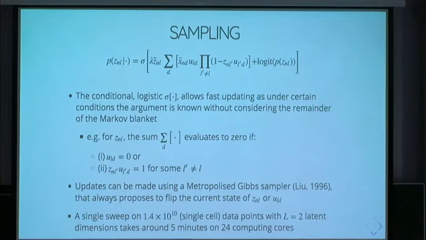So how can we do updates? The updates can be made using a Metropolised Gibbs sampler, which just means we start the sampler off from a particular binary realization of Z and binary realization of U, and we just flip the bits.